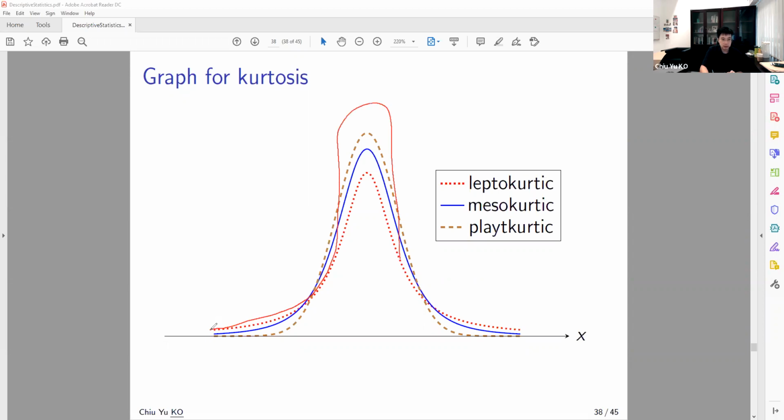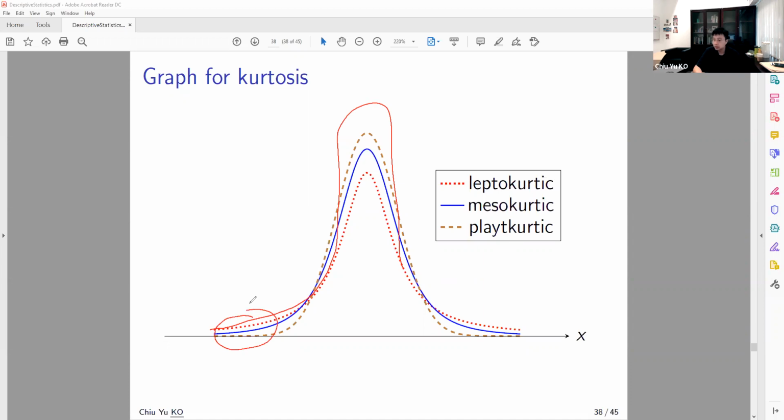Something like this. Sorry for my drawing. But as I said, this is about the tail, not the peak, okay? So there's no point talking about the peak; look at the tail. You just look at the tail, then that's how the difference shows.